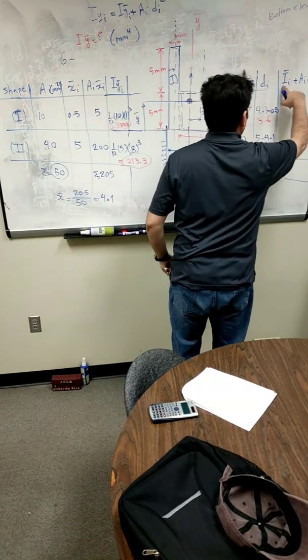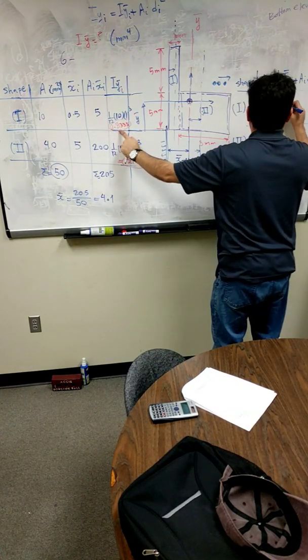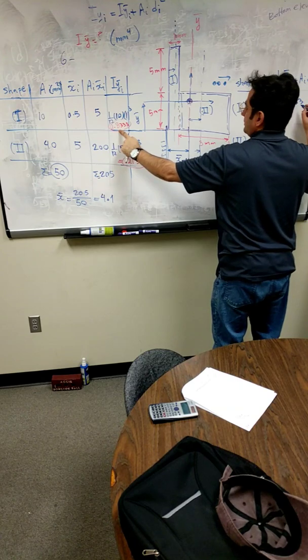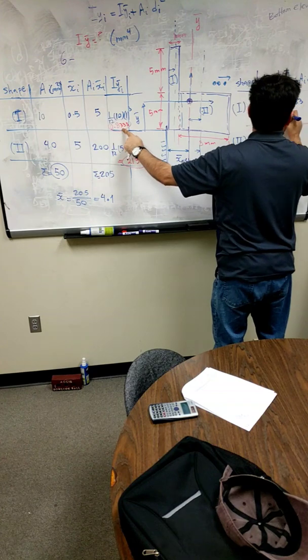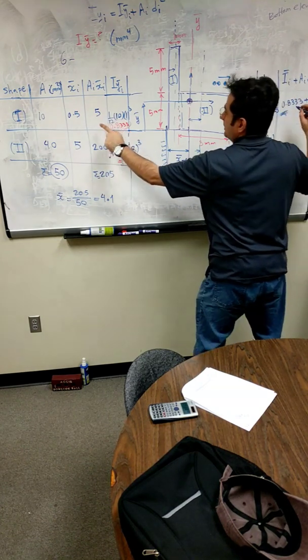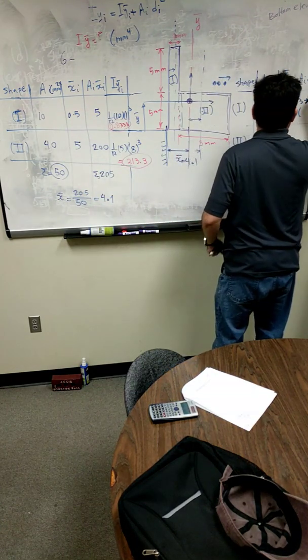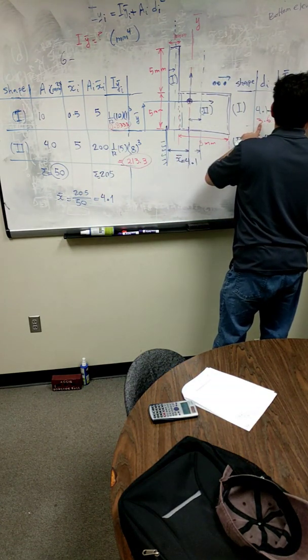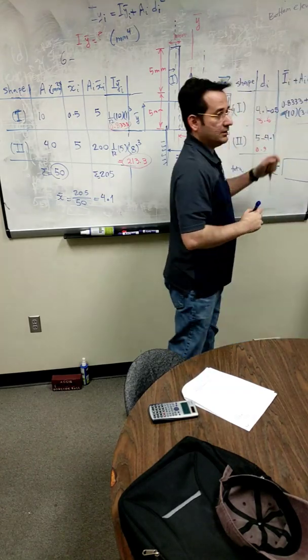I_y bar 1, which is 0.8333, plus A1, which is 10, times d1, 3.6, squared. That's what you put in the calculator.